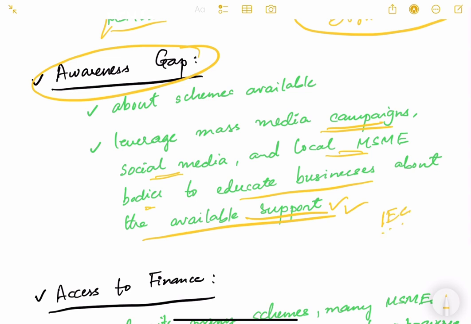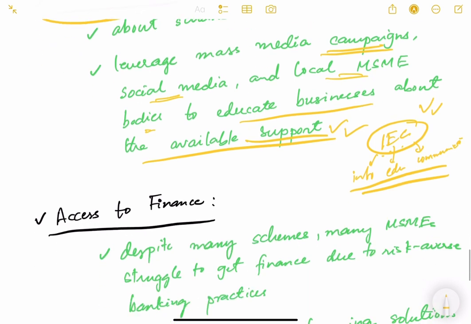Now what is IEC? IEC is information, education, and communication. This is the strategy adopted by government in order to reach the people, in order to send a message that has to be sent to the people, here MSMEs. And with these IEC campaigns, we can spread all this awareness. That can be done.